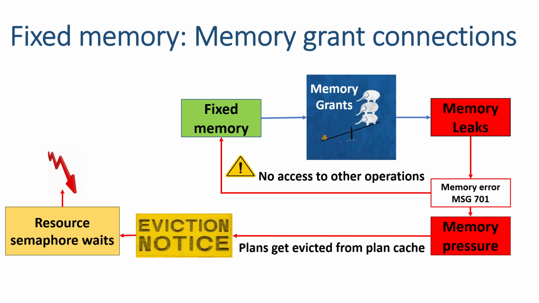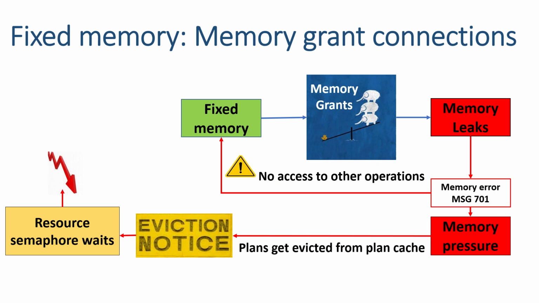And from the SQL Server side, you can see resource semaphore waits happening until the memory is actually released for the fixed memory. Whenever this memory pressure happens, you can also see memory error message 701 in the error log. So that is the reason why it is so important to keep our statistics up to date.